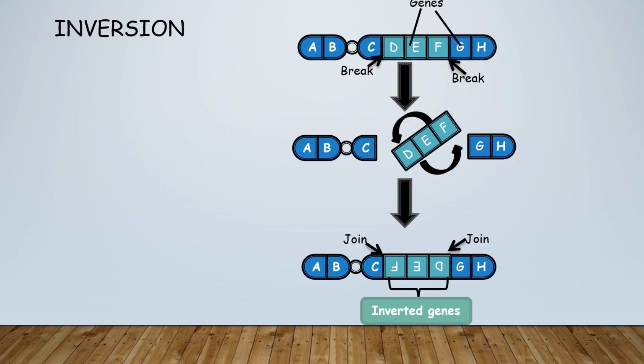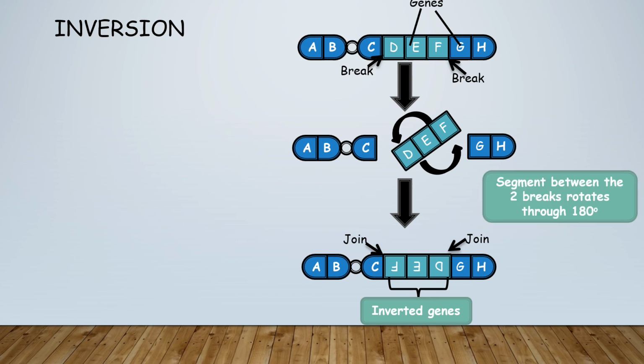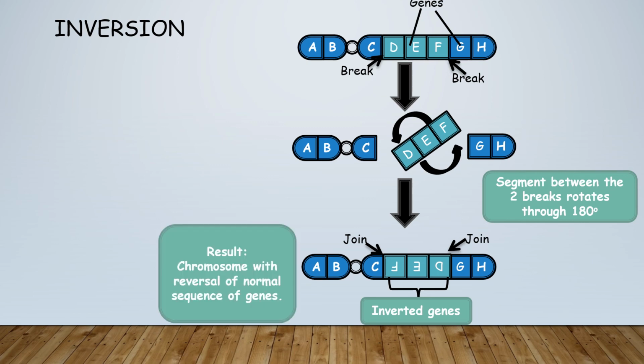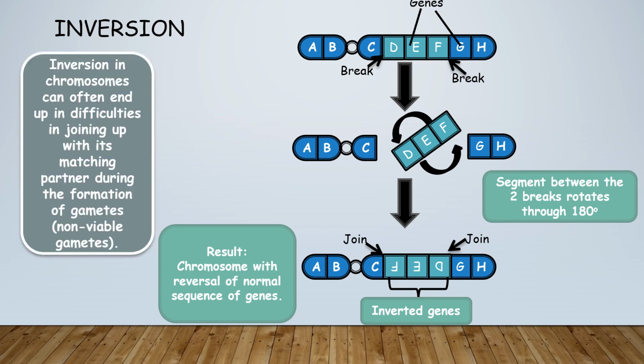The inversion, again, as it sounds: we've got a break and DEF is at the heart of it. Again, the cell tries to repair that, but as it does, it's rotated 180 degrees, and we've got the final chromosome that has ABC, F, E, D, GH. So that's a reversal of those three genes.